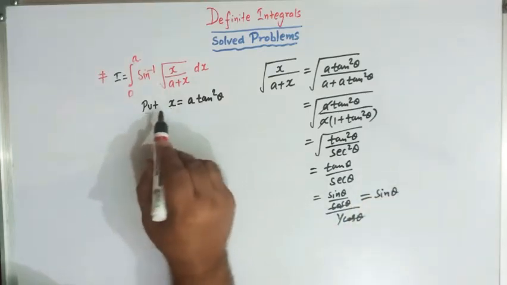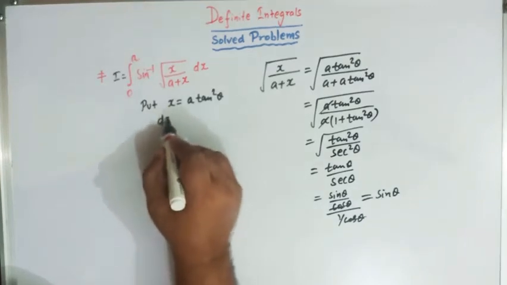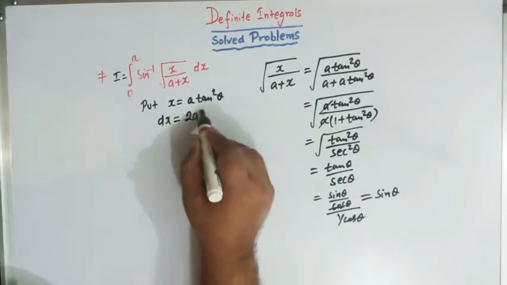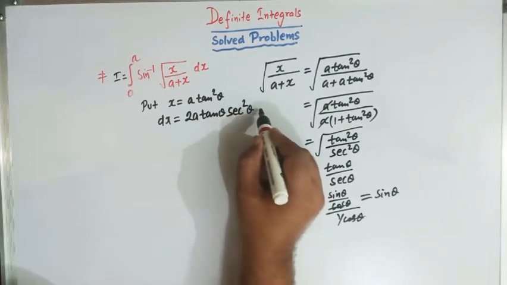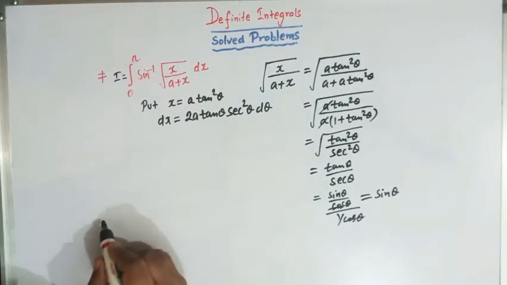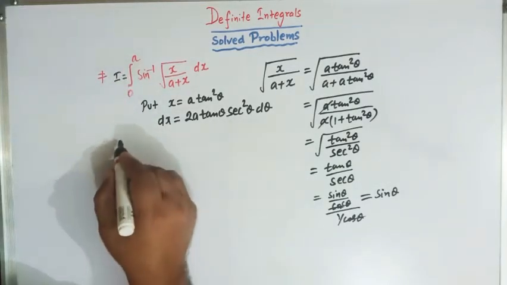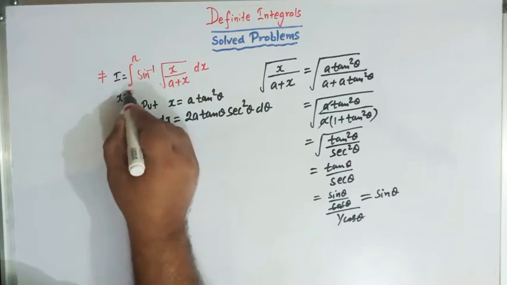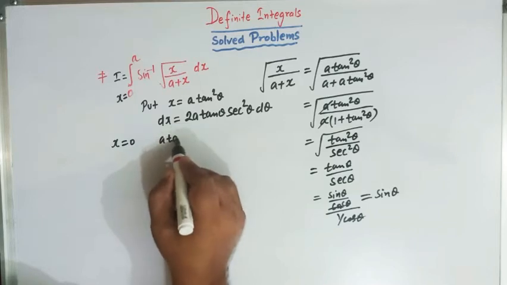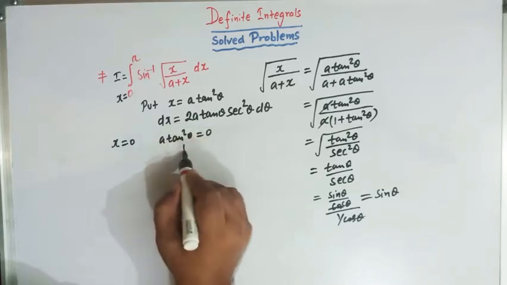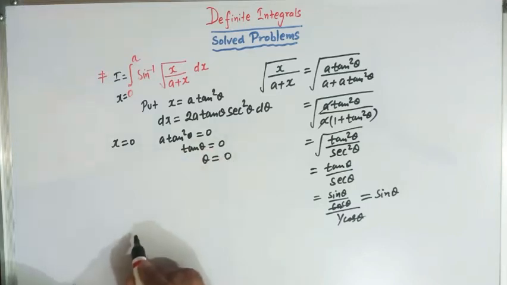Okay, now this is x equal to a tan square theta, so we have dx is equal to 2a tan theta sec square theta d theta, right? And now if we change the limits, when x is equal to 0, we have a tan square theta is equal to 0, so tan theta is 0, so theta is equal to 0.